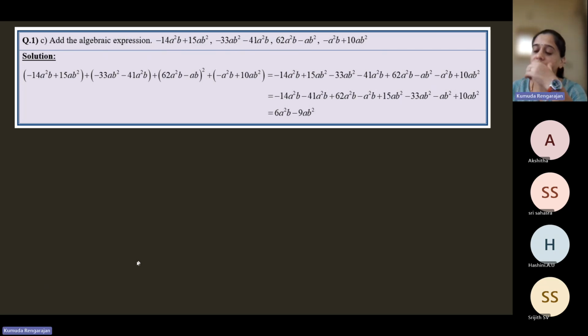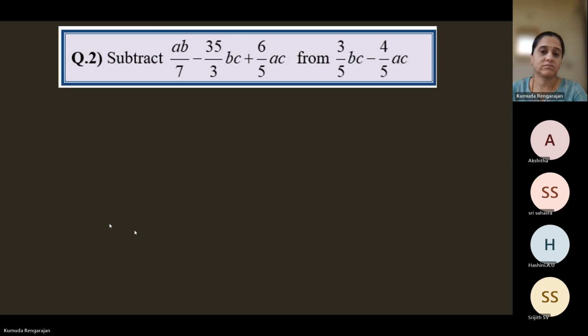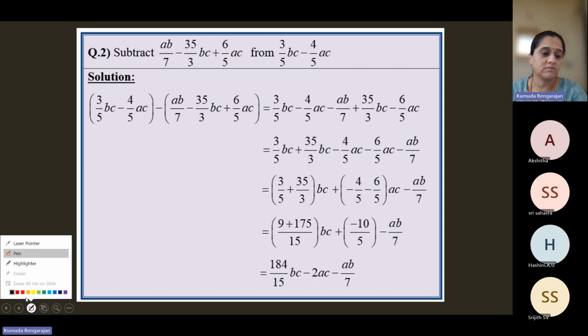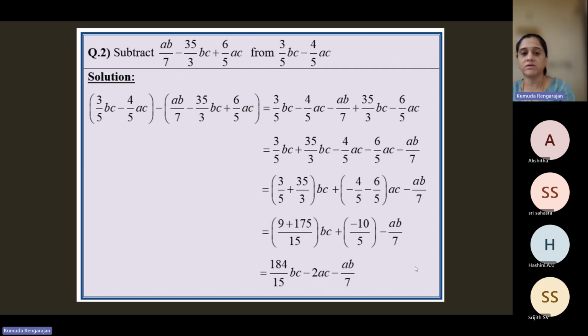Completed, all of you? Yeah. Let's understand the answer and then work. So now this is subtract. Subtract this expression from this expression, look at the board. Whatever expression is given after 'from', that you should write first.